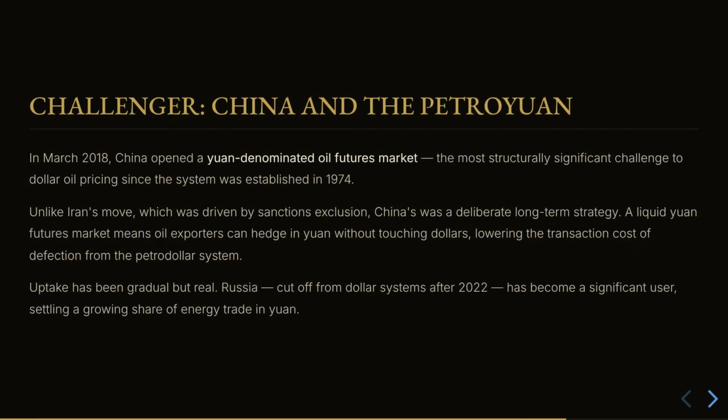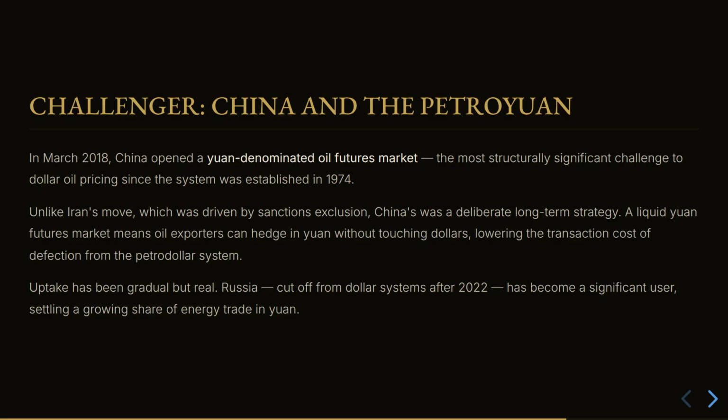Another challenger, China and the petroyuan. In March 2018, China opened a yuan-denominated oil futures market, the most structurally significant challenge to dollar oil pricing since the system was established in 1974. Unlike Iran's move, which was driven by sanctions exclusion, China's was a deliberate long-term strategy.